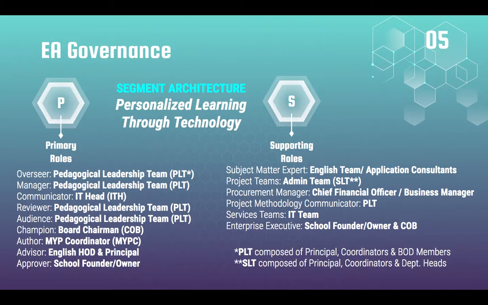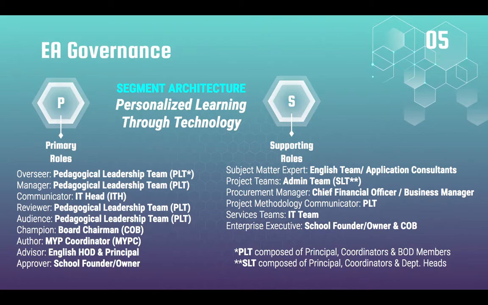So I feel like, in terms of subject matter experts, we would definitely want some help and support from Achieve 3000. But I think we get it for the most part. So it's not like we're going to be actually writing code and things like that. So in terms of subject matter expert, we have our English team and perhaps the consultants from the company.